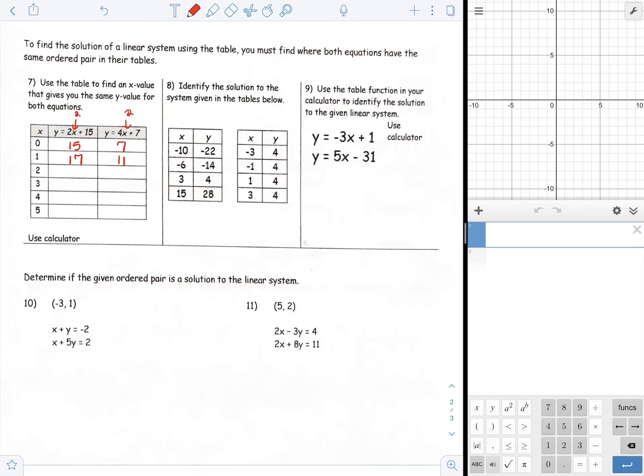2 times 2 plus 15 is 19. And then here, 4 times 2 plus 7, that's 15. All right. Notice that the slope here is 2, so we can just increase here by 2, and we'll get the next number, 21. Notice the slope here is 4, so we just increase by 4, and we get our next number, which is 19.